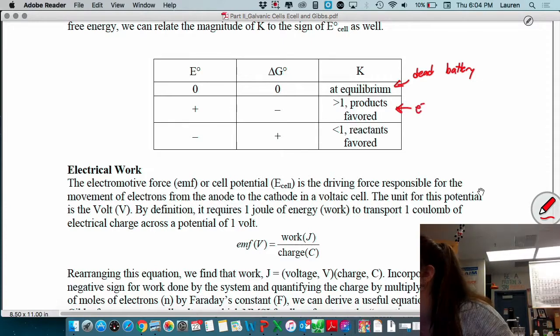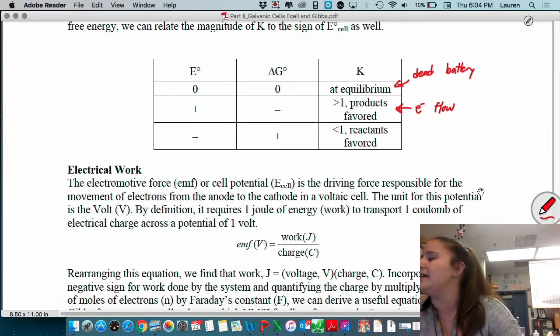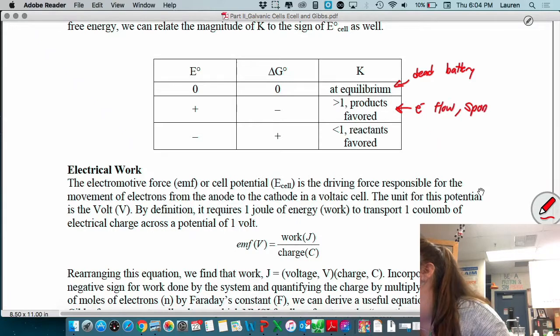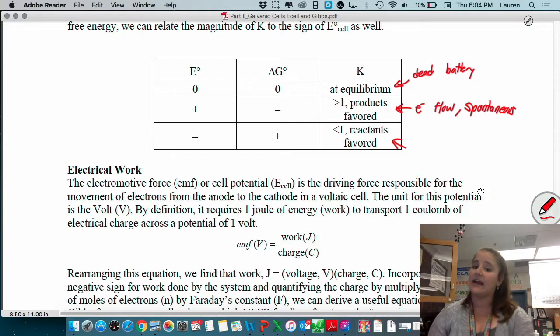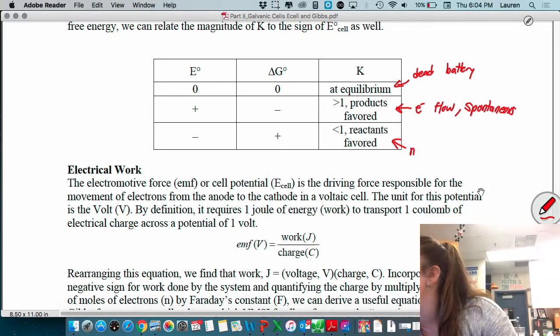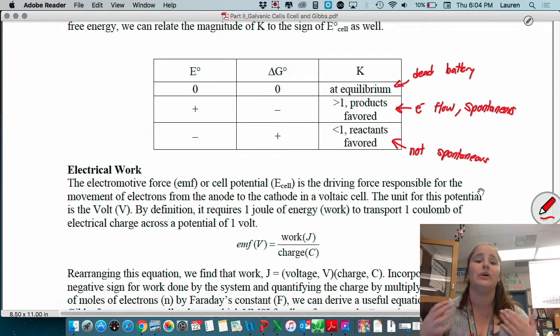That means electrons flow. It is spontaneous. We'll talk about this when we get to electrolysis. If E cell is negative and delta G is positive, this is not spontaneous. If we want that to happen, we're going to have to put electrons in to make it go.